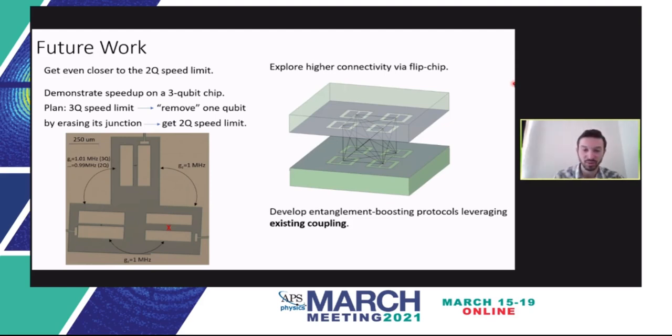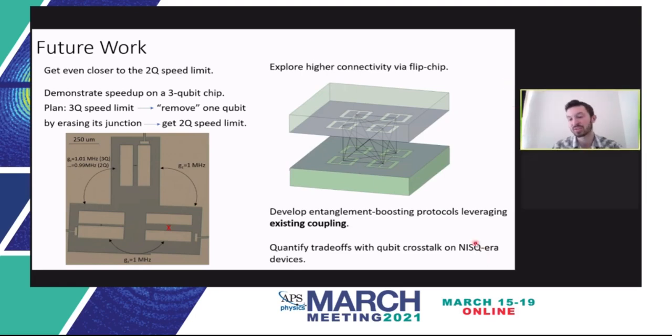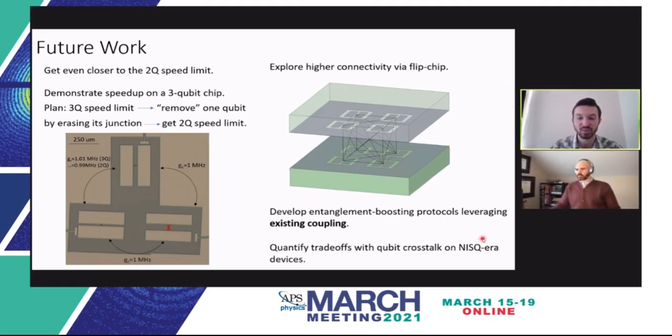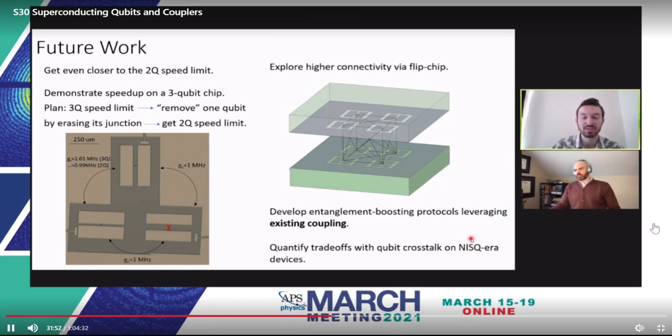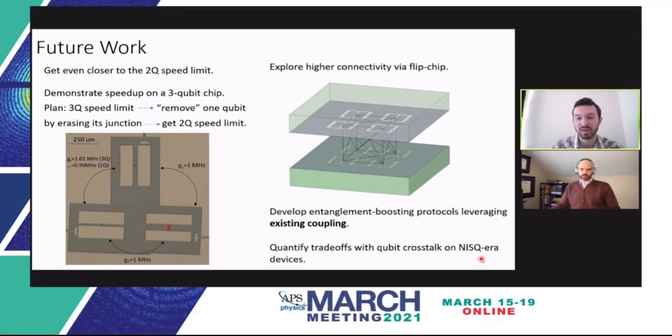We're not sure if you would want to be adding qubits just for the purpose of speeding up these gates, but if you can leverage existing coupling, that would be a nice little boost. And obviously, we want to be realistic about qubit crosstalk, related to that last point: with these noisy devices, to what degree is adding additional coupling to speed up the gate not going to completely deteriorate the performance of your device? And does this kind of scheme actually make sense?